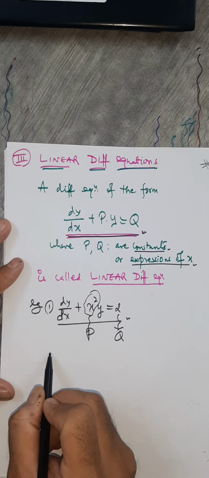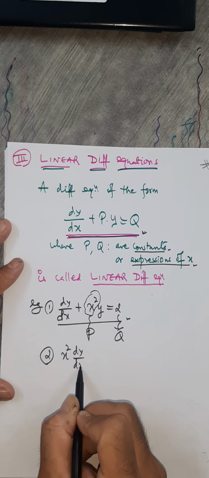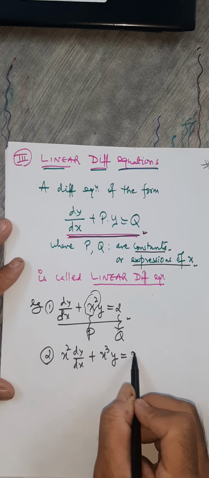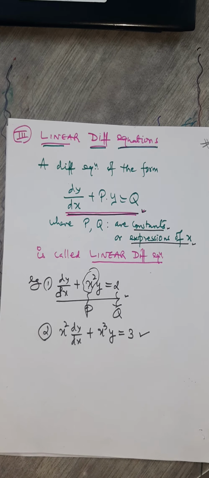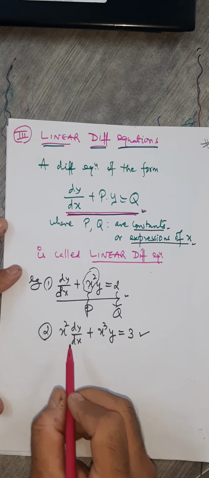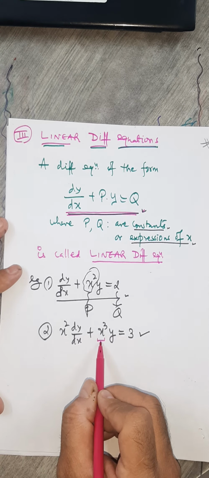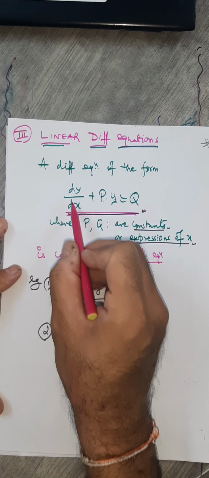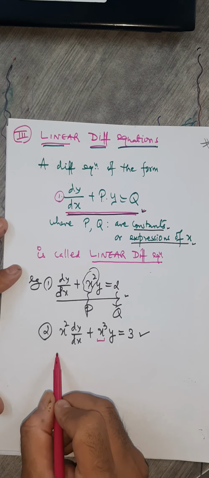If I ask you, is this a linear differential equation: x square into dy by dx plus x cube into y equals to 3? The answer is yes. Then immediately the next question comes to our mind, what is p? Now if you write p equals to x cube, it's wrong, remember. P is the coefficient of y, but the coefficient of dy by dx should be 1 here. That means I need to divide by x square.